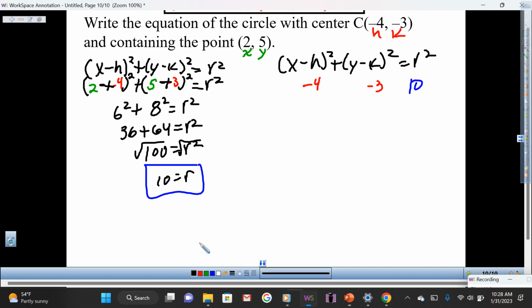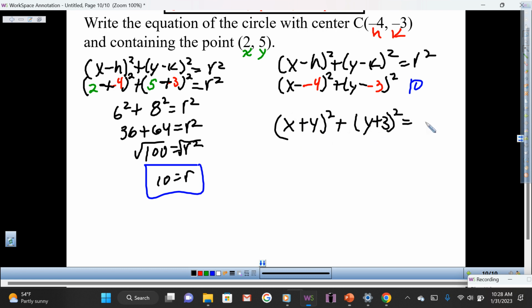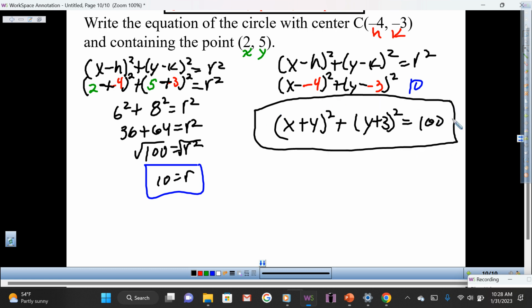I bring everything else down, which means (x plus 4) squared plus (y plus 3) squared equals 100. Woo-wee. Copy that, please. Let's go. Oh, my goodness. Starting to build up really good. Give some time. Go.